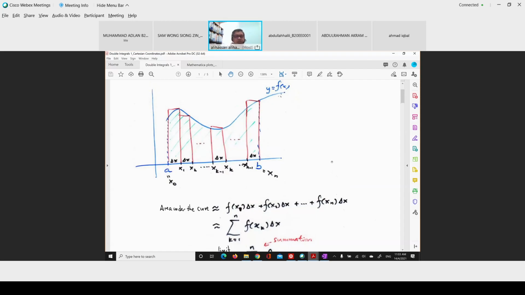The idea of integration came from the problem of finding the area under a curve.